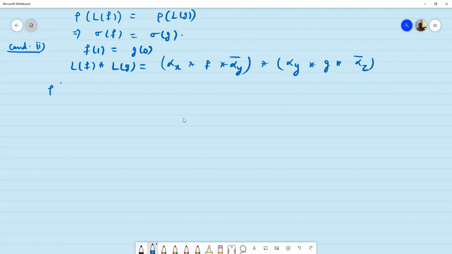Then what is rho of L of F star G? Now F star G is the path from x to z. So L of F star G will be just alpha x star F star G star alpha z bar.